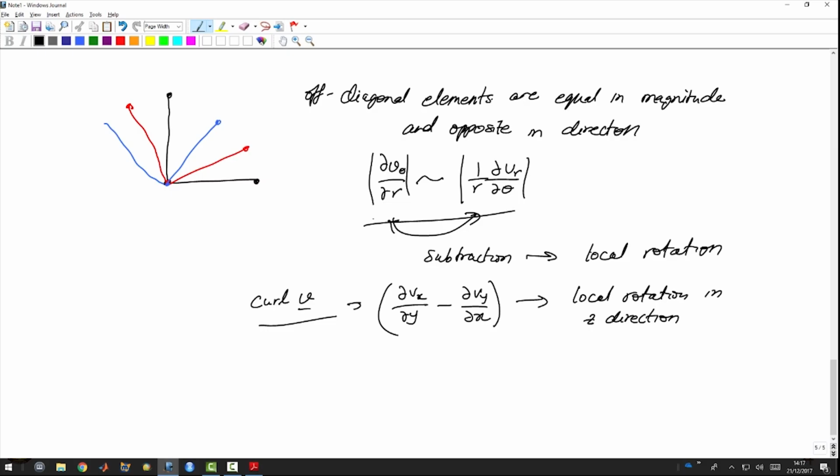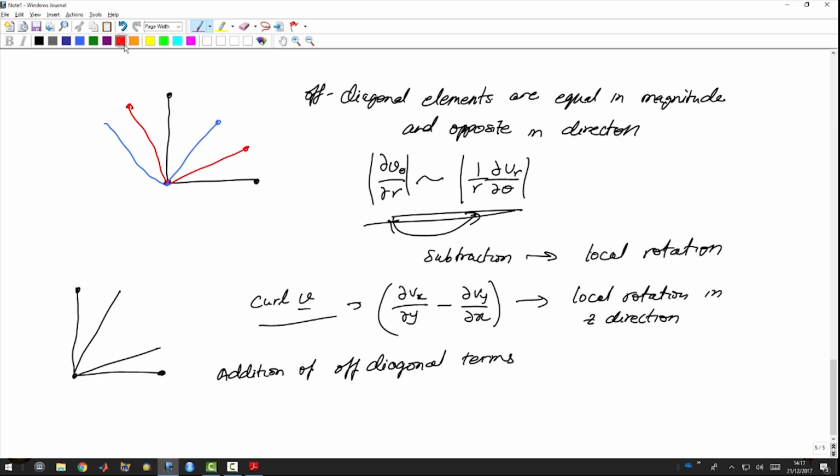So terms like this will indicate rotation, and when you add the off diagonal terms, if we have a fiber like this, both of the material fibers are moving closer, and this is nothing but pure shear deformation.